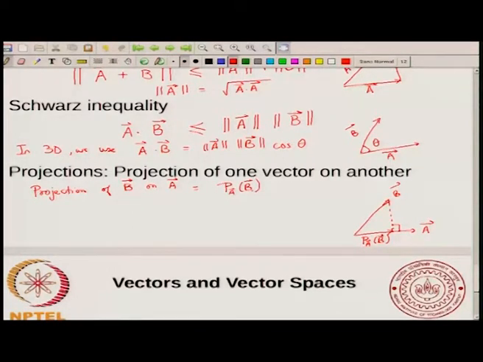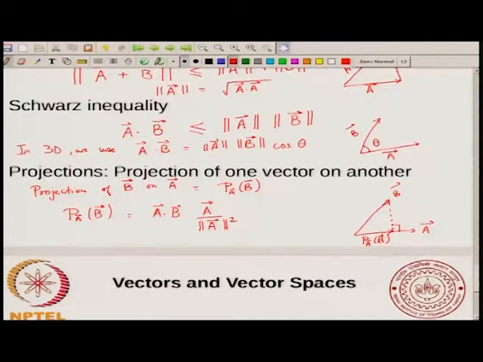And you can again show from the dot product that P of B can be written as A dot B multiplied by A vector divided by norm of A squared.